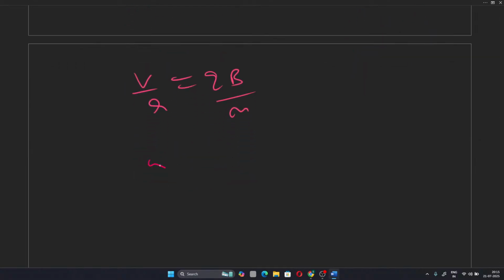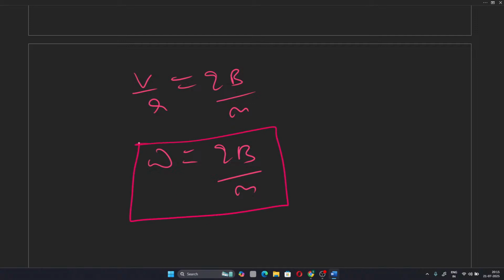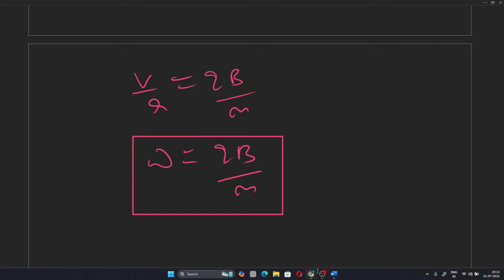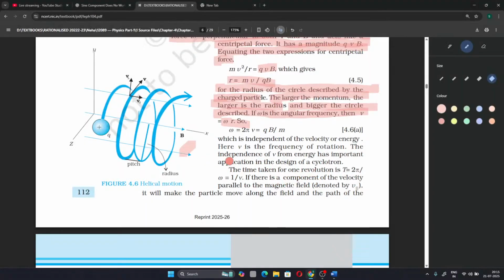So angular frequency equals qB by m, or angular velocity equals qB by m. And this angular frequency is independent of velocity or energy. Here nu is the frequency of rotation, this is omega here.